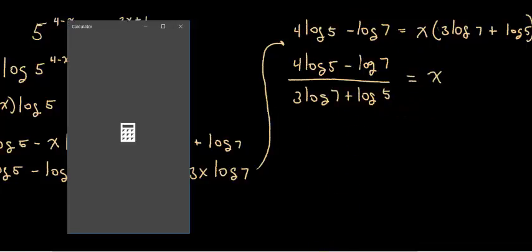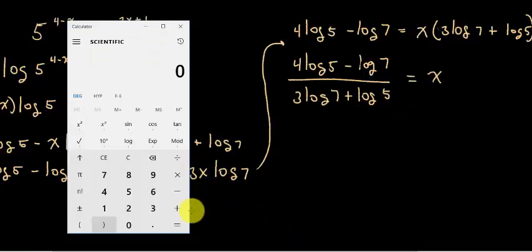And then all of this I can just put into my calculator. So I'll bring up the calculator here. I'll be careful to put in the right parentheses: 4 times log 5, minus log 7, and then I close these parentheses.